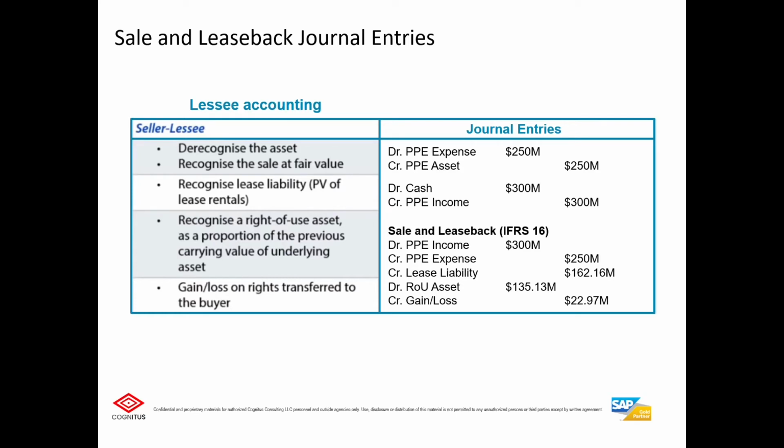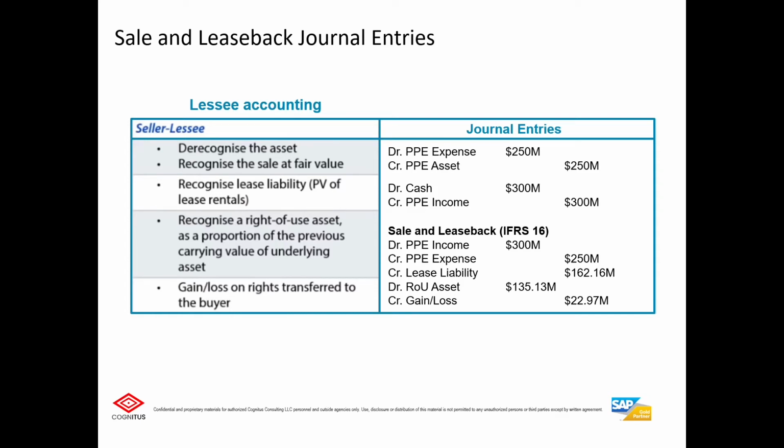And then we want to lease back the asset from the buyer-lessor. So at the commencement date, the seller-lessee is going to debit PPE income 300 million and credit PPE expense 250 million, and record the liability at the present value, where we credit the lease liability 162.16 million.